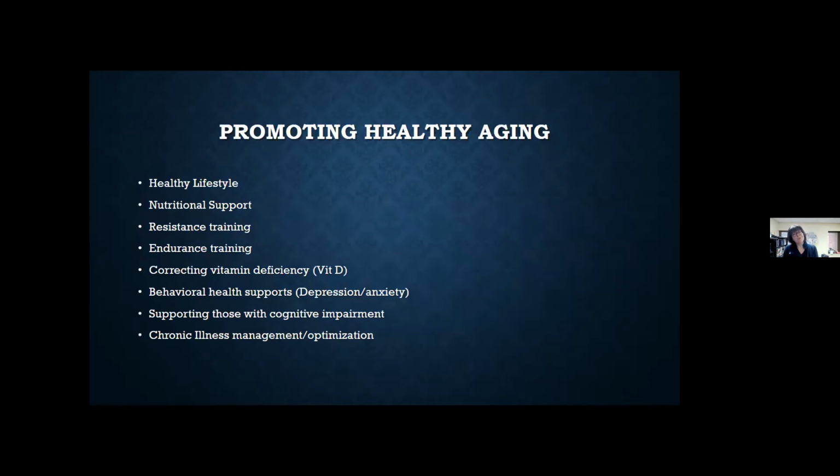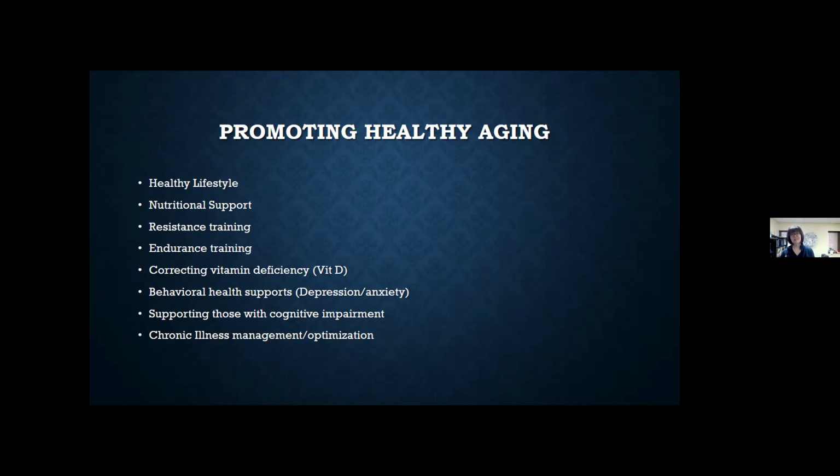And so what can we do, right? If we identify these folks early, or identify those who seem to be at higher risk of developing frailty, honestly, it's all of those good lifestyle things that really can make a difference. So helping to create with them a plan to live a healthier lifestyle, providing some nutritional support, whether that's supplements, whether that's thinking about how to use whole foods in order to support nutrition better.